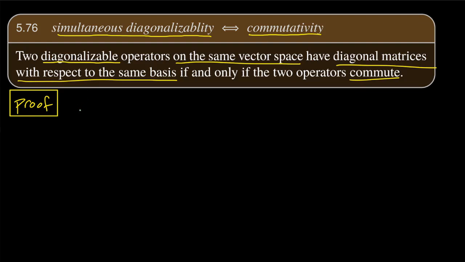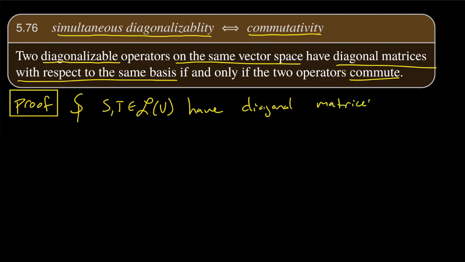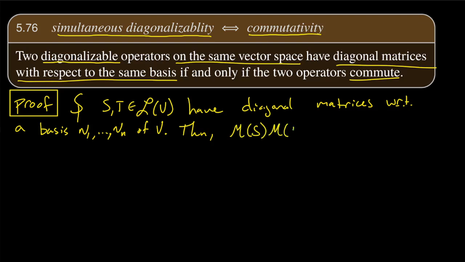So, let's go in one direction. Let's suppose that S and T are operators on V, and let's suppose that these both have diagonal matrices with respect to a basis v1 through vn of V. Then M(S) times M(T), well, let's write it as lambda 1 through lambda n, zeros everywhere else, and then some, let's call it eta 1 through eta n, zeros everywhere else.